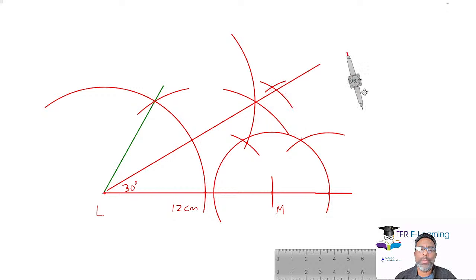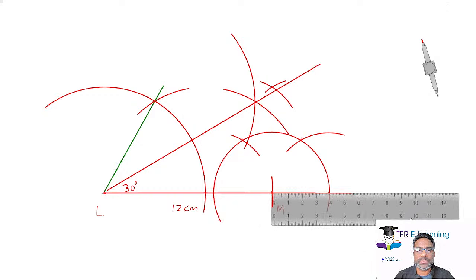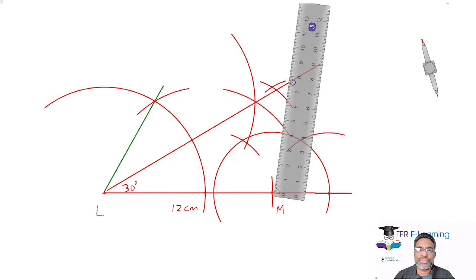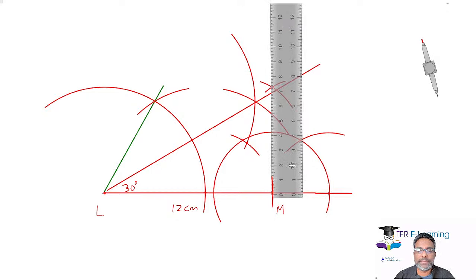Now where those last two arcs intersect, that's going to allow me to complete this 90 degree that we want. So I'm just going to draw a line from this point here, but it has to pass through what we just intersected.